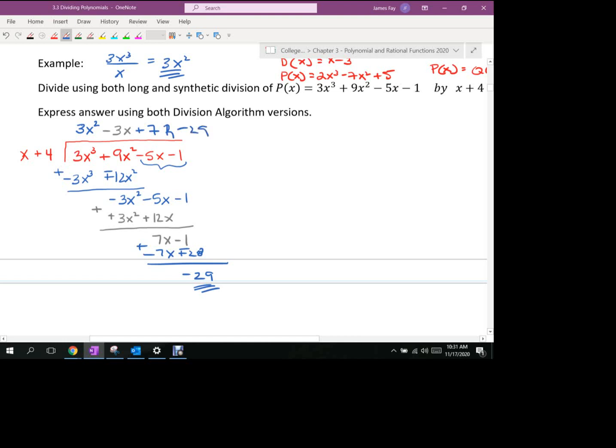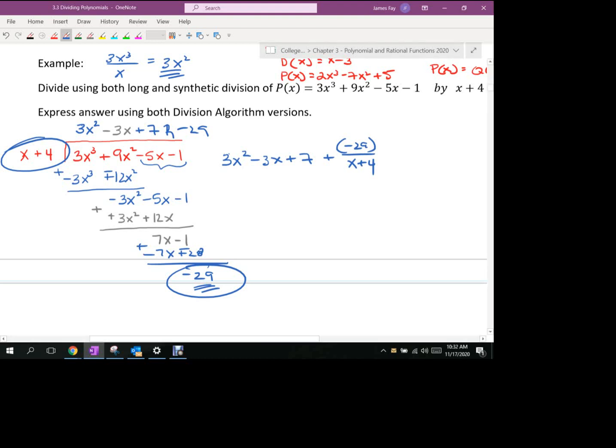But we've also been discussing how, when we write this as the quotient 3x squared minus 3x plus 7 plus the remainder over x plus 4, the divisor, isn't that thing divided by that thing? And isn't that implying that I'm dividing negative 29 by x plus 4? So it is showing that process. Anyway, we are doing that division. It's just implied. It's not explicit.